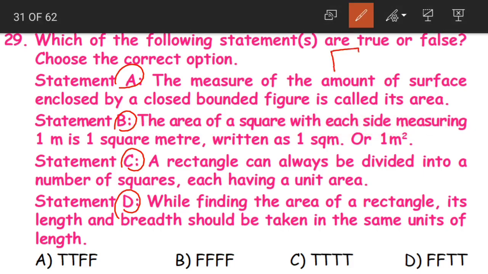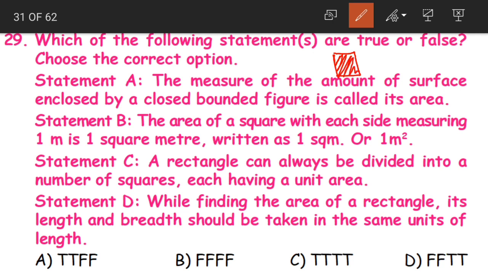Closed bounded figure like this. A square is closed. Yes, if I keep it like this, here it is open. The figure is open. But when we are talking about any square, rectangle, triangle, yes children, it is a closed bounded figure, and the amount of surface, this will be the amount of surface.